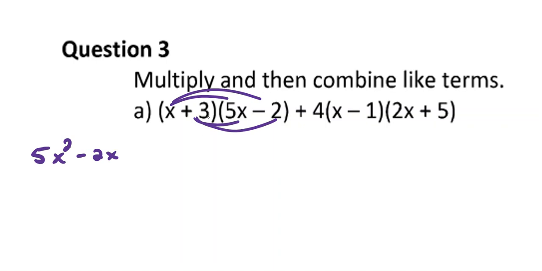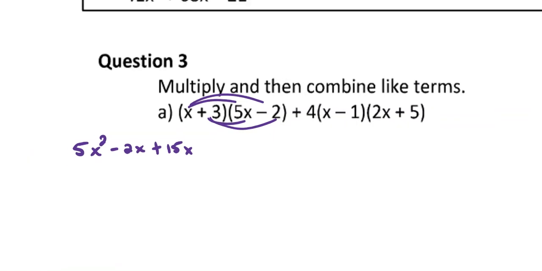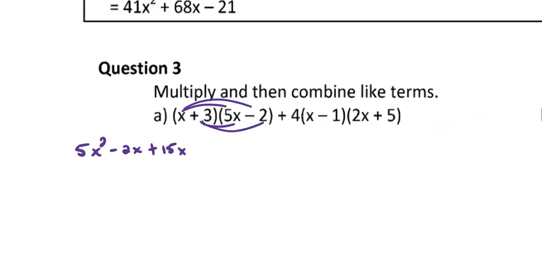Now moving on to the next one, we've got 3 times 5x. That's going to be positive 15x. And then 3 times negative 2 is negative 6. So we did this part.